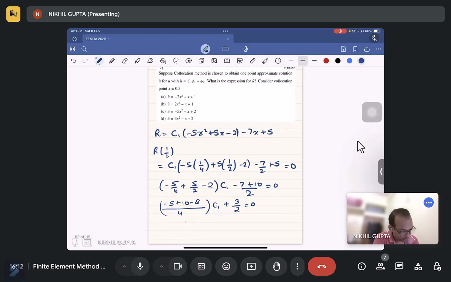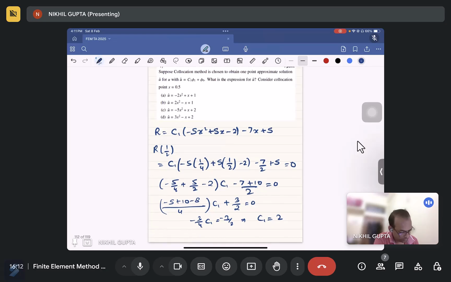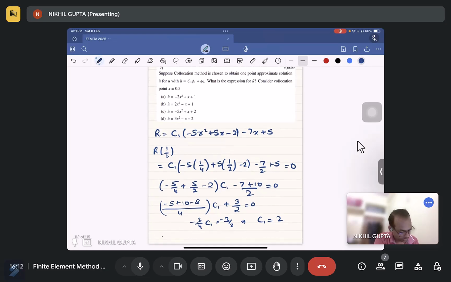So it becomes minus 3 by 4 C1 equals minus 3 by 2, so C1 equals 2. So when you put this in, you will get minus 2x square plus x plus 2. So the solution will be the A part.